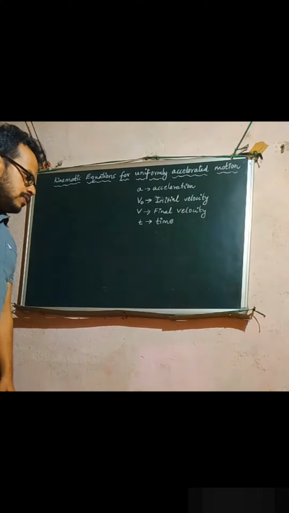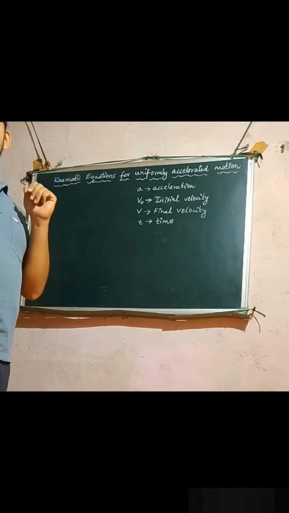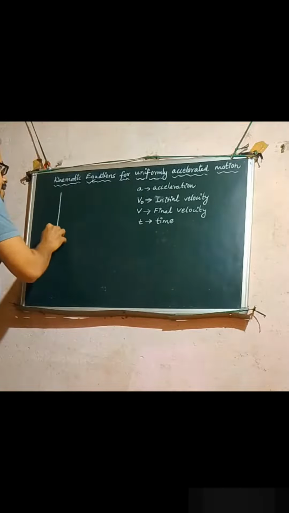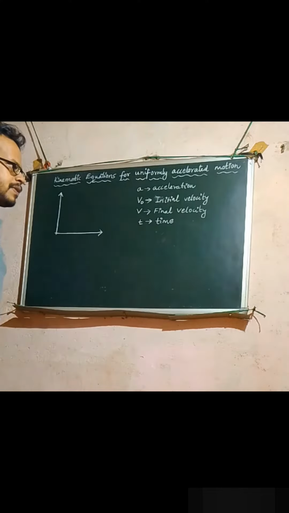Okay, so to derive the first equation of motion, we need to draw a velocity time graph. For that, you can refer back if you want to see what a velocity time graph is. I have explained it in the previous videos.